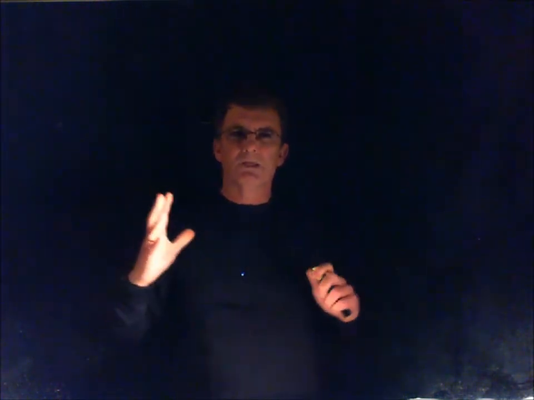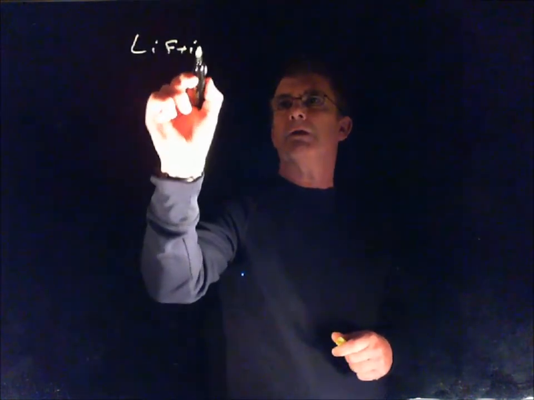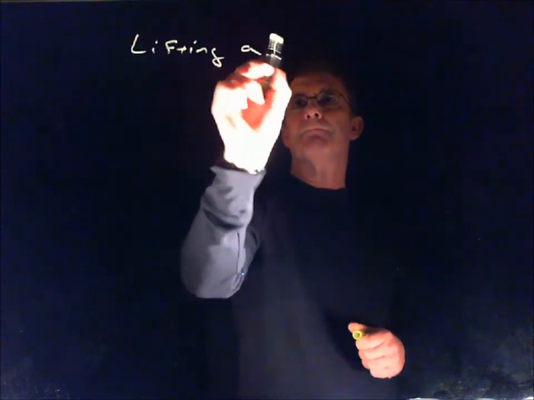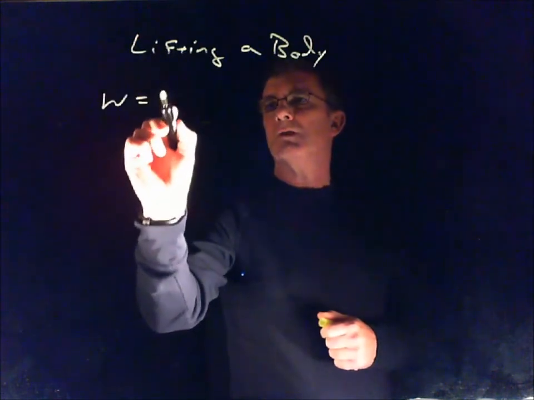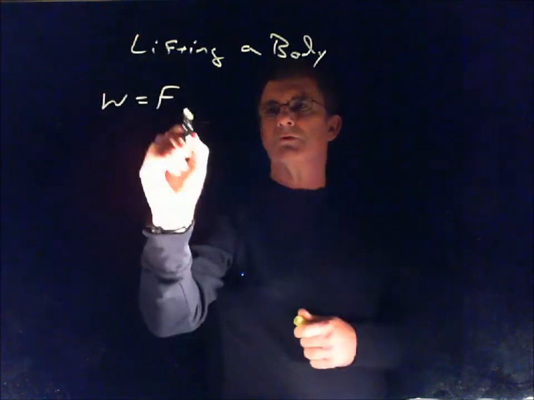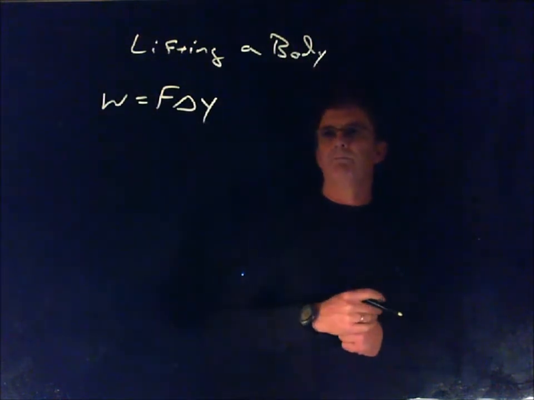Let's look at another example of doing work besides pushing an object horizontally. Let's also look at when we're lifting a body. So when we're lifting the body, work is force times our displacement. In this case, our displacement is vertical, delta y.